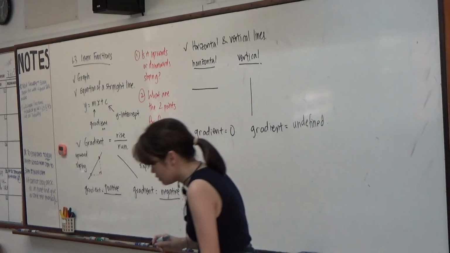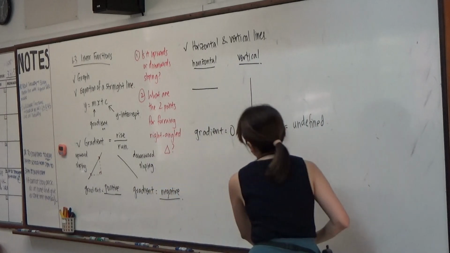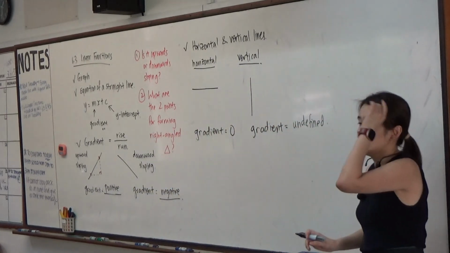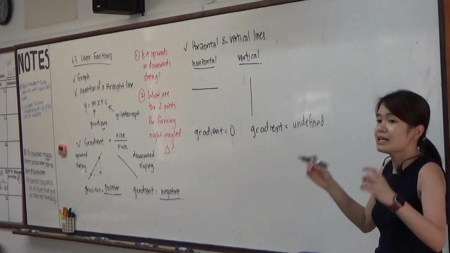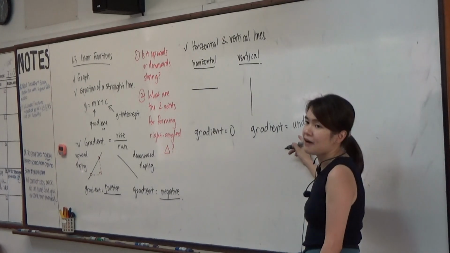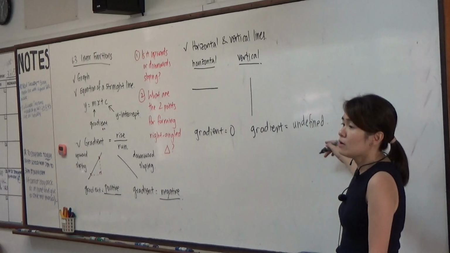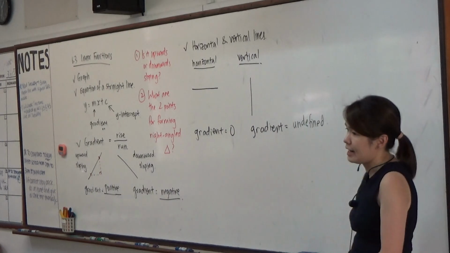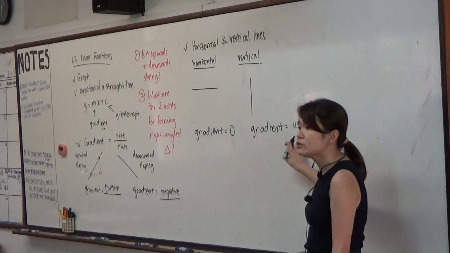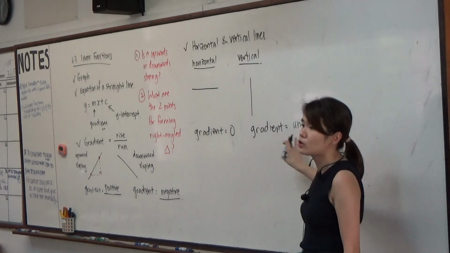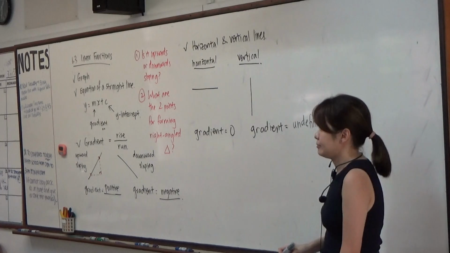Undefined doesn't mean 0. No answer doesn't mean that you leave it blank. The answer is actually that it is undefined. In mathematics, we call it undefined. So you need to know that vertical lines, gradients are undefined.